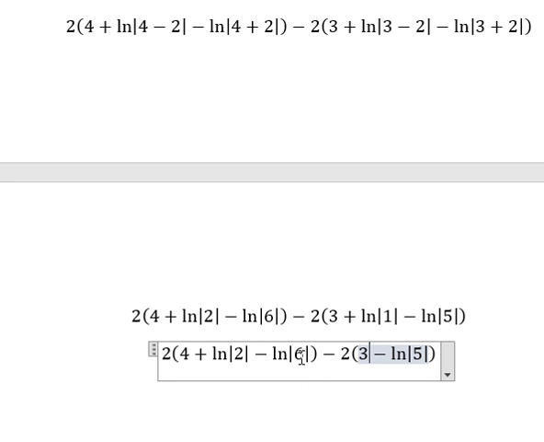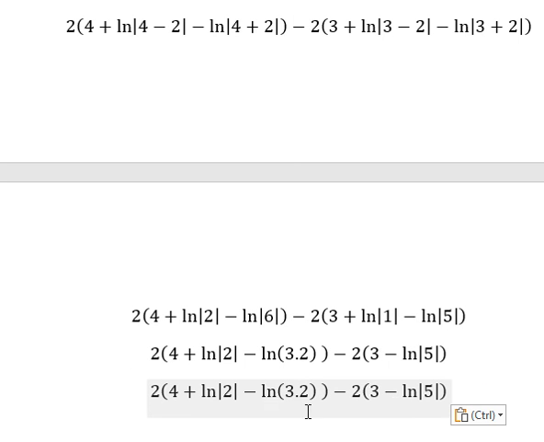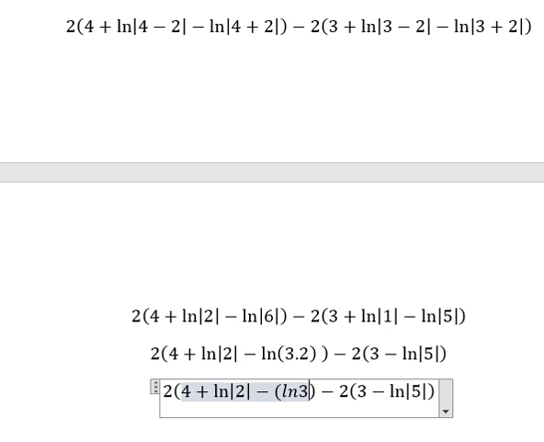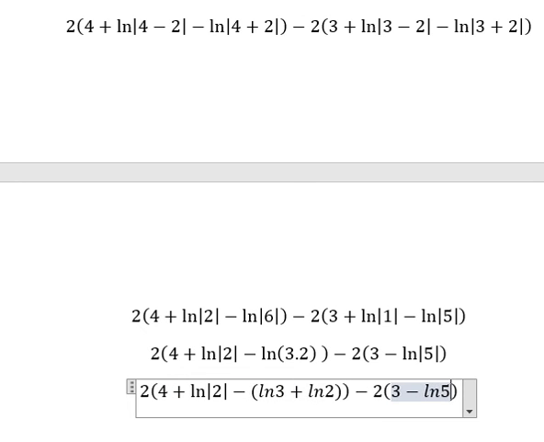So now we can simplify 6, that is 3 multiplied by 2. And this one we can put into ln 3 plus ln 2. This one we have ln 5.